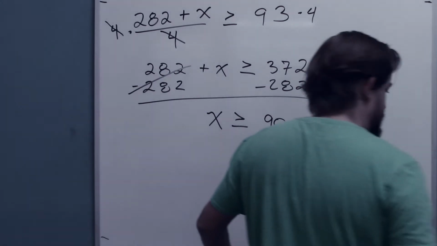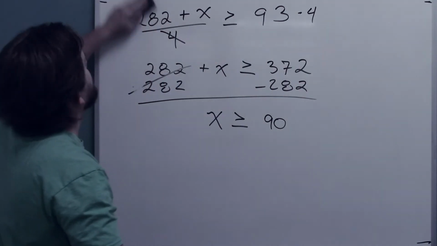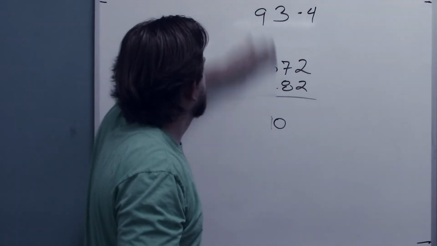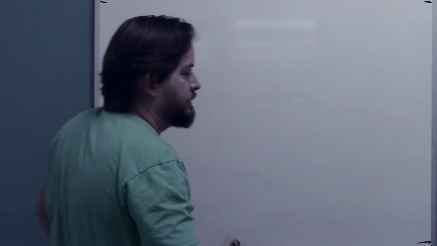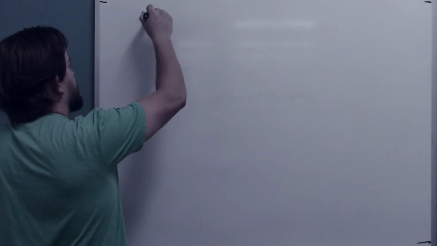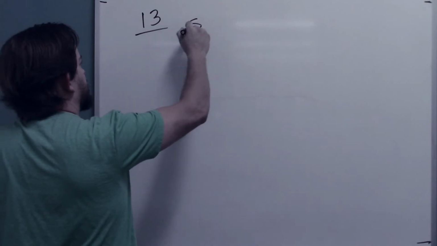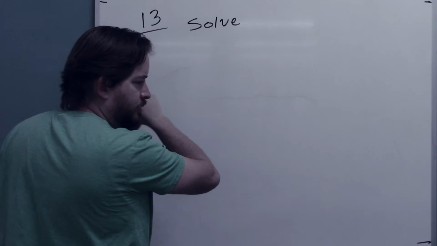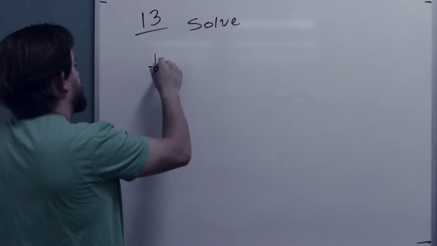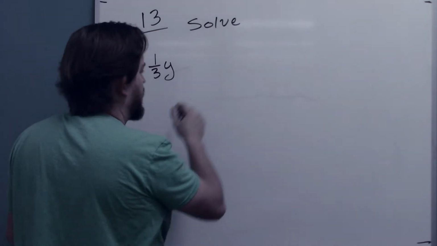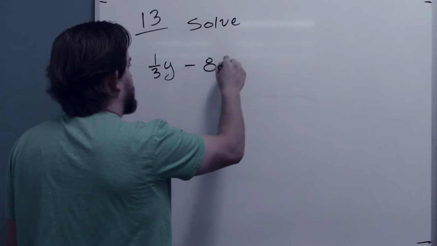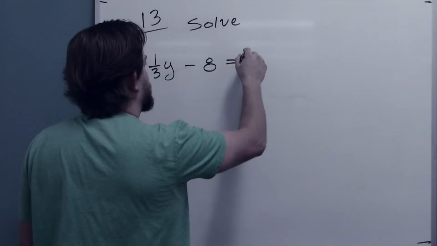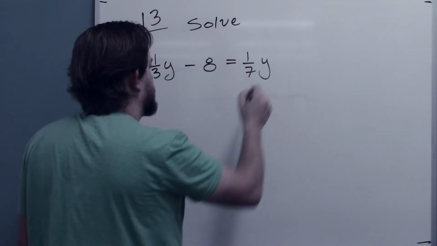All right, let's look at 13. 13 says solve. And we're given the equation 1/3 y minus 8 equals 1/7 y. Okay.